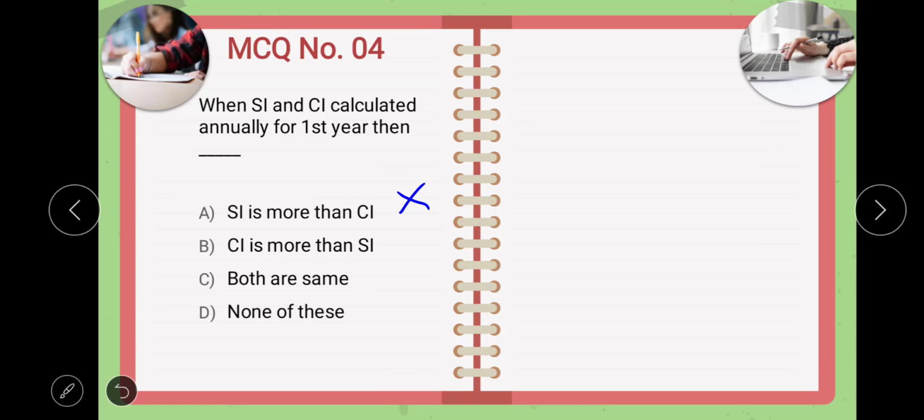If we calculate the compound interest and simple interest for the whole period, for the total term, then the compound interest is more than the simple interest. But here we have to calculate only for the first year. So both are the same. The compound interest for the first year and the simple interest for the first year are both the same.